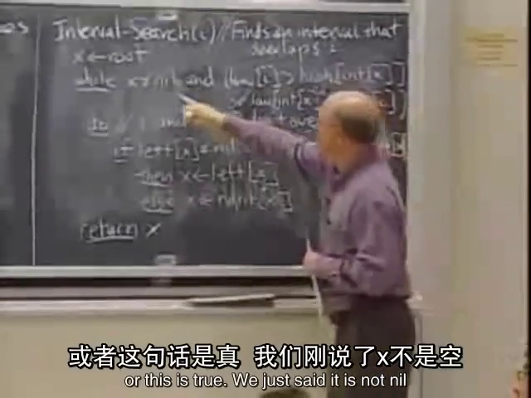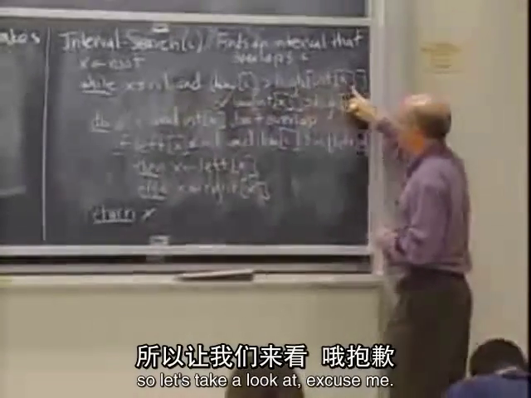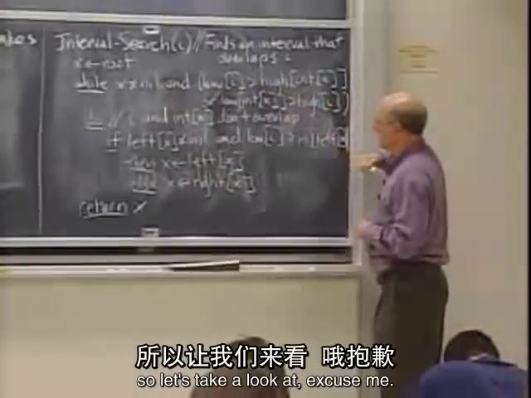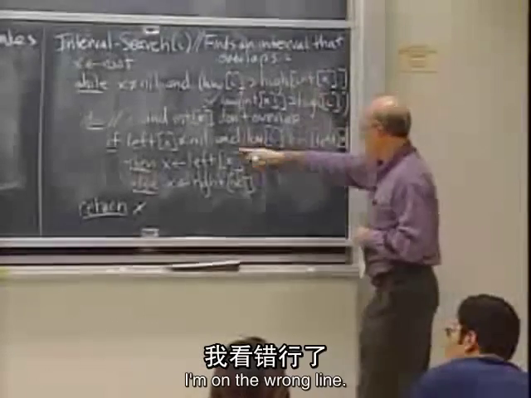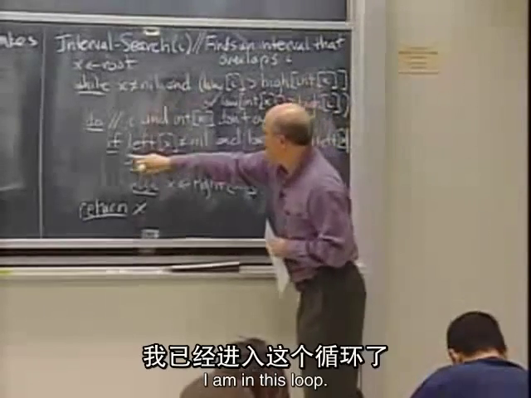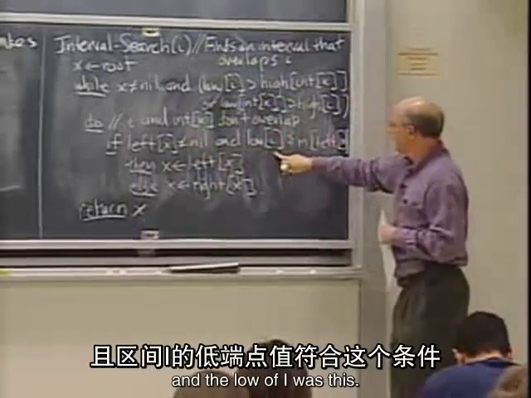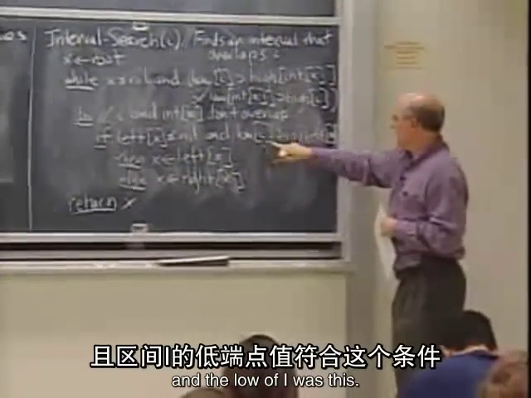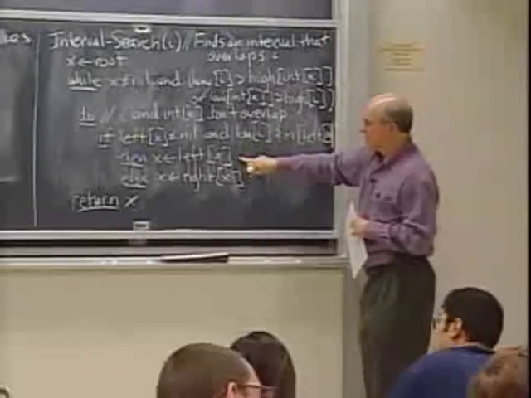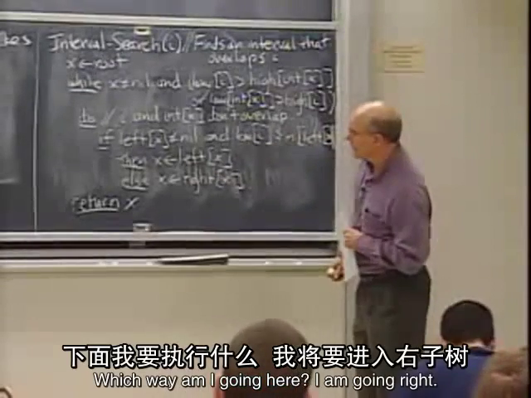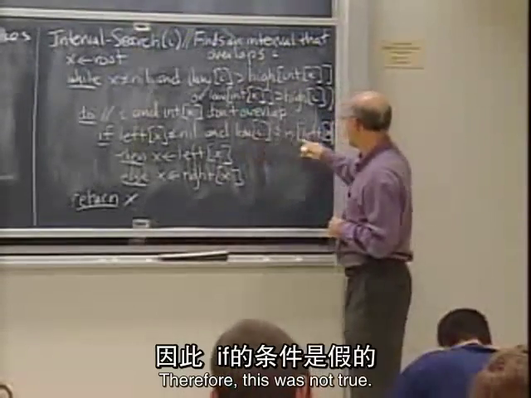We just said it's not nil, so now let's take a look at, excuse me, I'm on the wrong line here. I'm in this loop, left of x was not nil, and the low of I was this. Which way am I going here? I'm going right, so therefore this was not true.